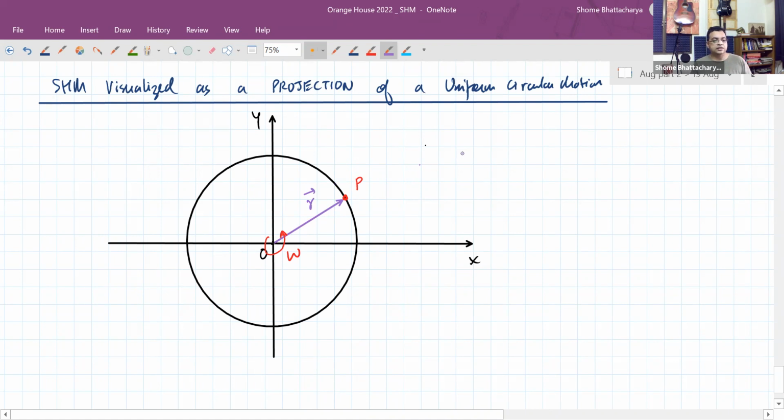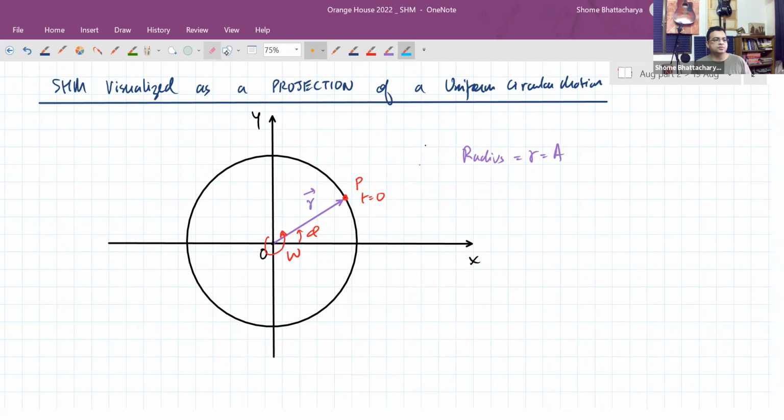If the radius of the circle is equal to capital A, then as this moves, let's say this is the position at time t equal to 0. So this angle is phi.